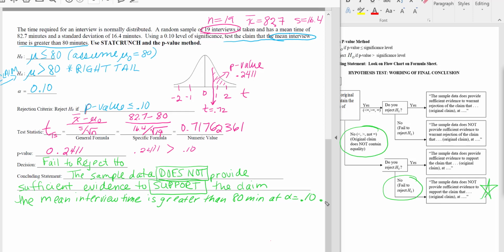So let's read it through one last time. The sample data does not provide sufficient evidence to support the claim the mean interview time is greater than 80 minutes. So basically it's saying that it's not greater than 80 minutes there.